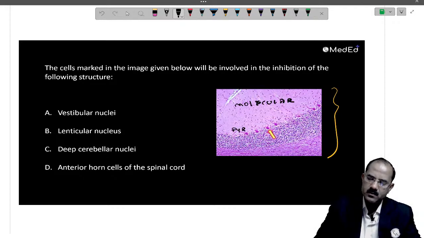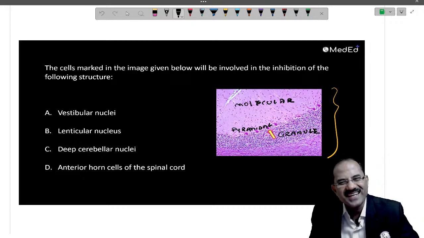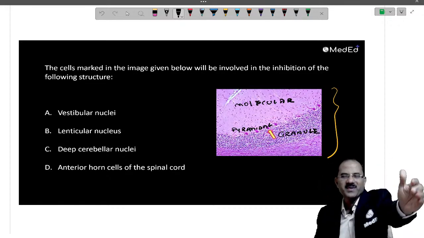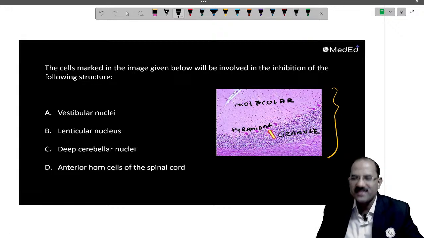This is the pyramidal cell layer. And what is this layer? Granular cell layer. So, yes, any guesses? Molecular layer, granular cell layer, and the Purkinje cell layer. Yes, what is this? Excellent. Very good. This is the cerebellum. This is a slide of the cerebellum.